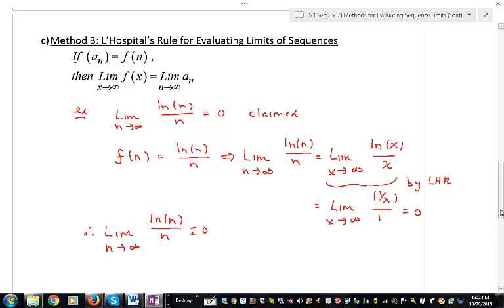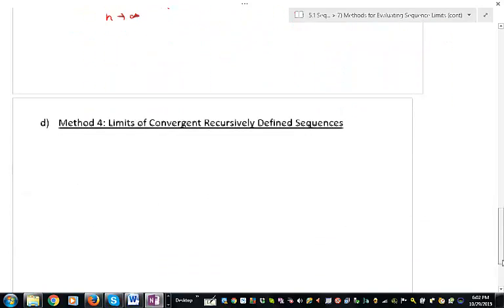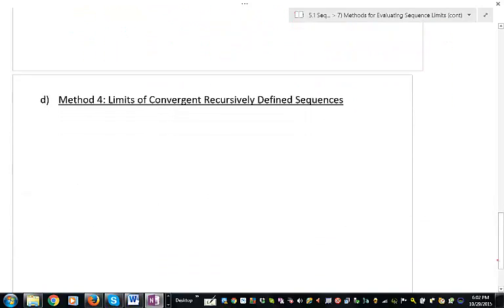Okay, now we come to the last rule. This is a fascinating rule. It's a rule for evaluating limits of convergent recursively defined sequences. And what I want to do is go back to that recursive sequence we had before. So this was a previous example we had.